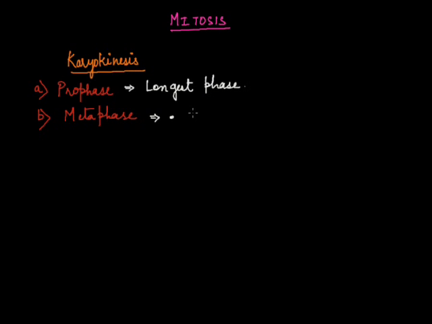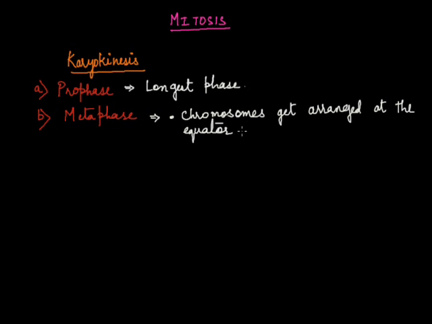So the major characteristic change that occurs during this phase is that the chromosomes get arranged at the equator, and this is called the metaphase plate.